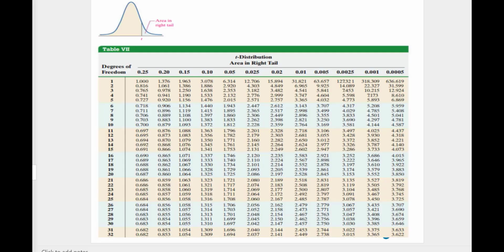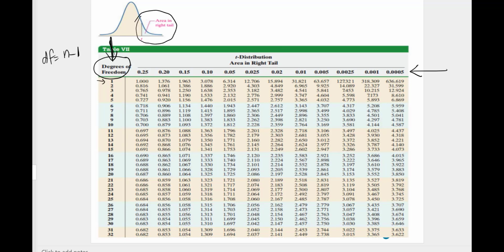This is the table for all t-distributions. In this column, we have the degrees of freedom. The degrees of freedom is always equal to the sample size minus 1. For example, if my sample size is 2, the degrees of freedom is equal to 1. And in this row, we have the area on the right tail.